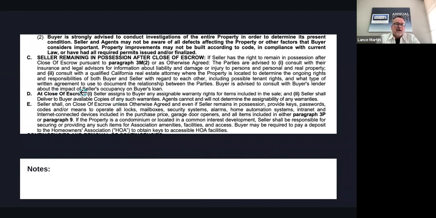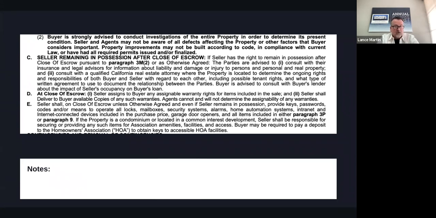At close of escrow, seller assigns buyer any assignable warranty rights for items included in the sale. This is one of those things that buyers sometimes get excited about, but generally speaking, it doesn't really go anywhere. Let's use Andre's example: hey, we just replaced the forced air unit. Okay, well, does that forced air unit have a warranty? Is that warranty transferable?